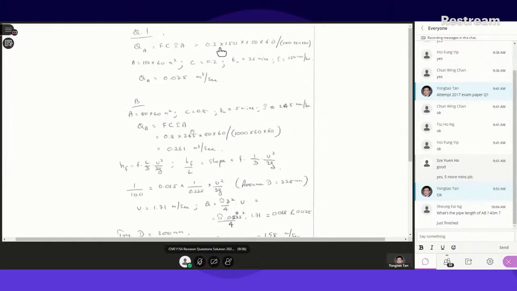The runoff coefficient C is 0.2, times 150, which is the rainfall intensity, and times the area, and also over 1000 times 60 times 60. Actually, this is conversion of the unit. So finally, you can see the peak flow to pit A is 0.075 cubic meter per second. Do you have the same answer?